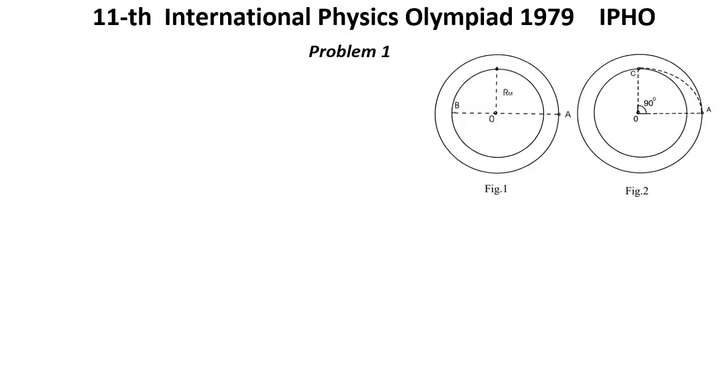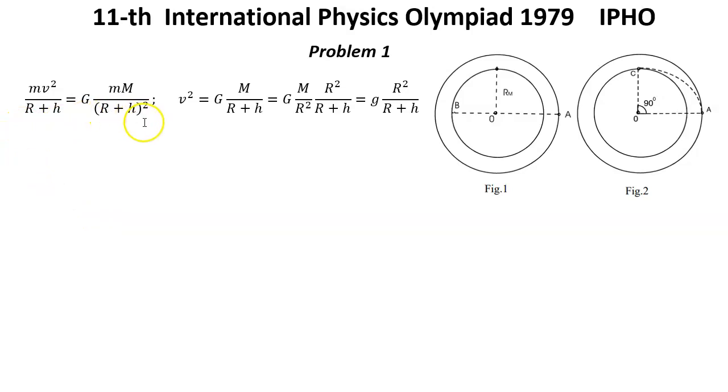Solution for problem number 1. First question. During the rocket moving along the circular orbit, its centripetal acceleration is created by Moon gravity force. So it means that we have this first equation from which we can find v square.